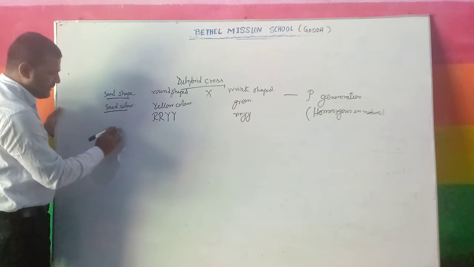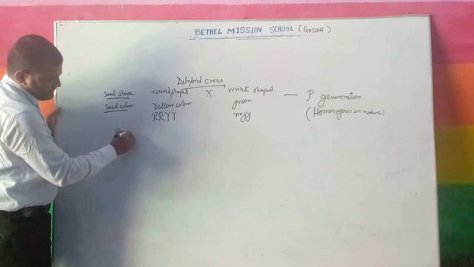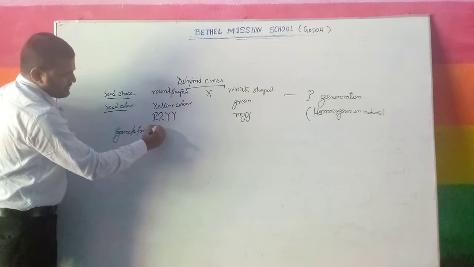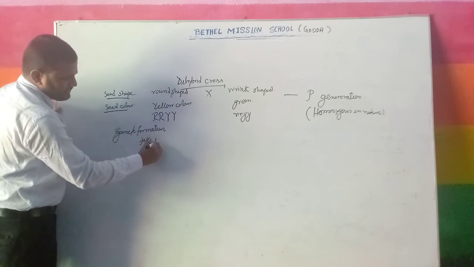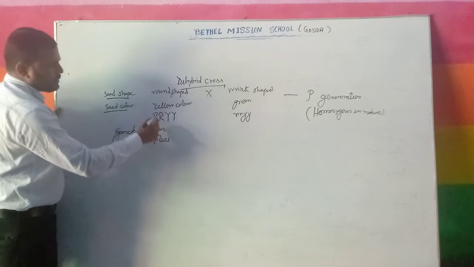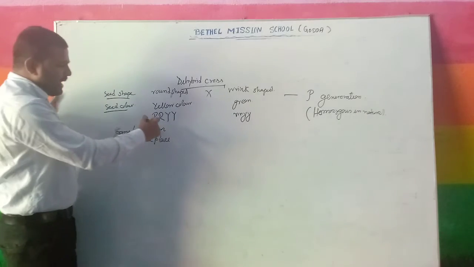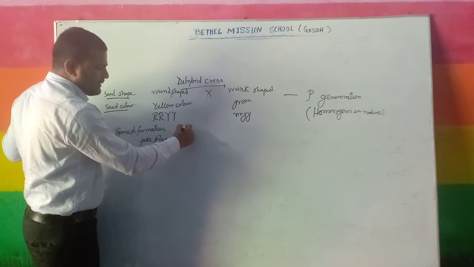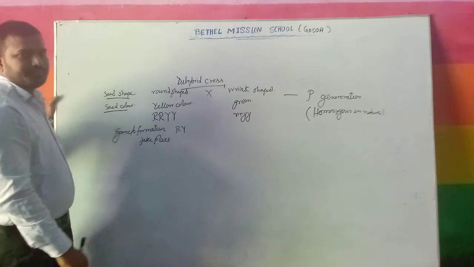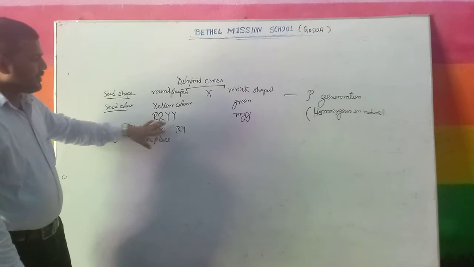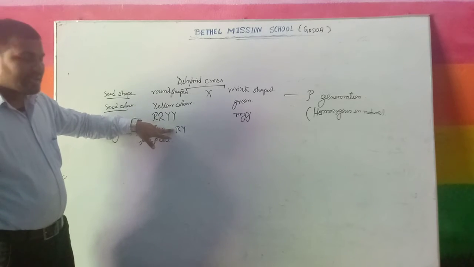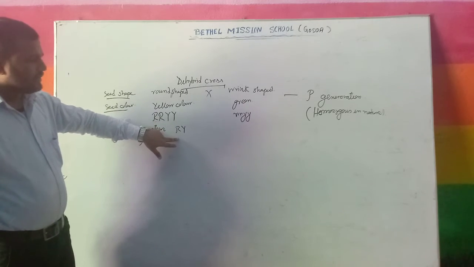Now they will form the gamete. Gamete formation takes place. So meiosis will take place. So here having the 2R, so 1R will come, and having the 2Y, so 1Y will come. During the meiosis, the genes are going to be separated. The genes became the haploid one.